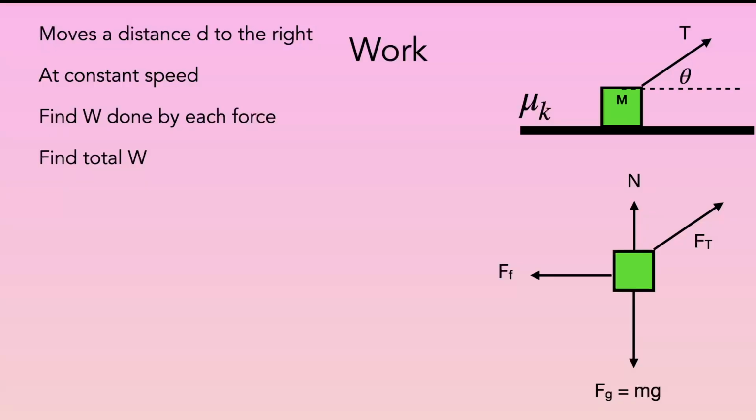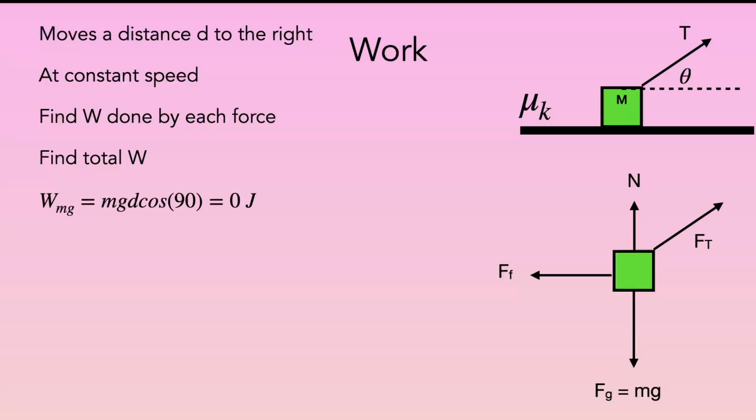Well, let's look at gravity first. Gravity is down, always down. But this thing is moving to the right. So the angle in between mg and the displacement vector is going to be 90. So you have F d cosine theta. We don't have to do an integral because it's one direction for the displacement and one direction for the force.